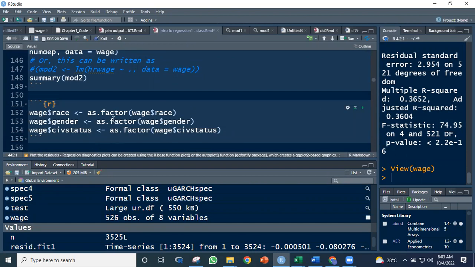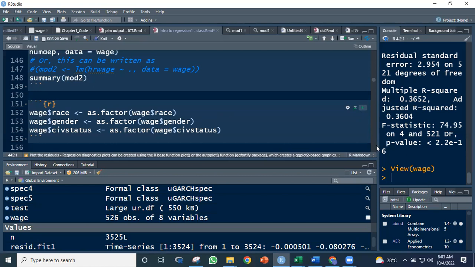For categorical variables that can be used as factors, we said that we should convert them to factors, because the older version of R will not allow us to use any categorical variable as a predictor. So we only use categorical variables that can be classified as factors. Otherwise, there's no point in using them as predictors for your dependent variable.